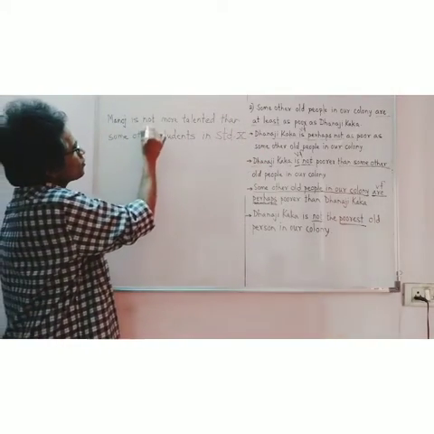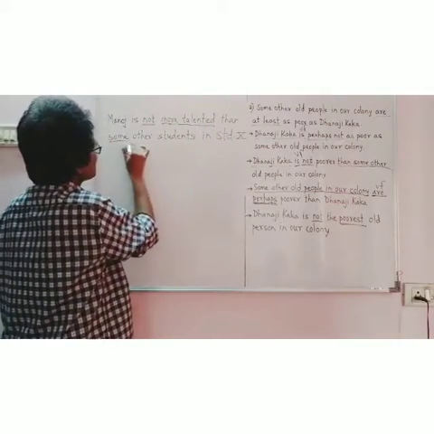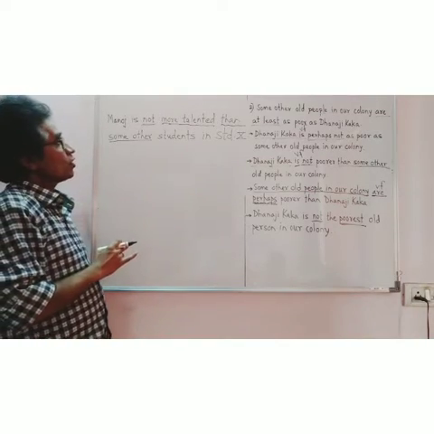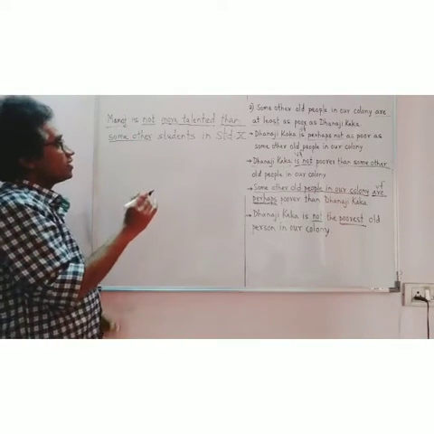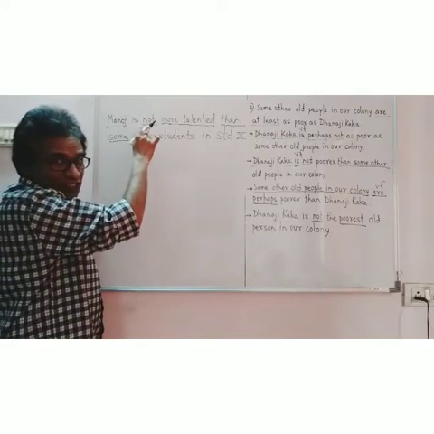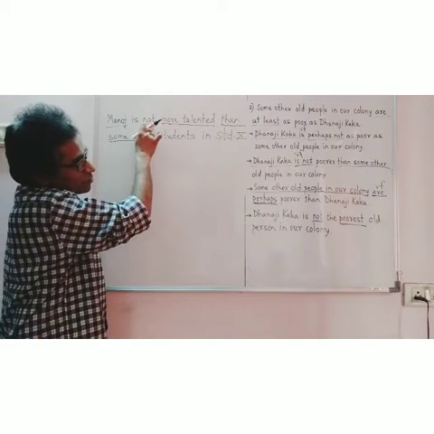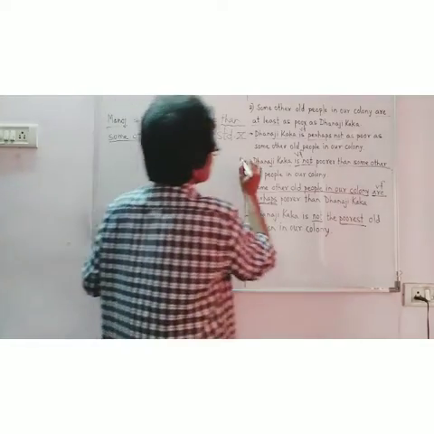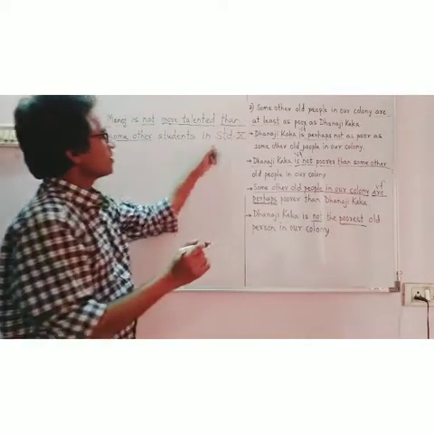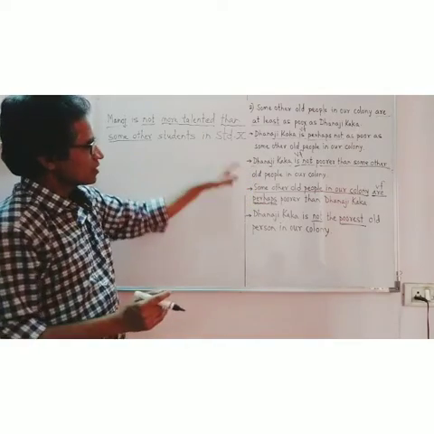So now from this you can understand: not is there, comparative form is there, and then some other, these words are there. So this is a comparative degree structure which begins with subject. If I want to take the object form to make the second structure, you can compare this with this. Manoj is not more talented than some other students. So this is the same.